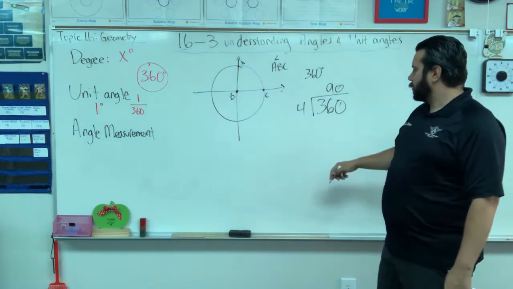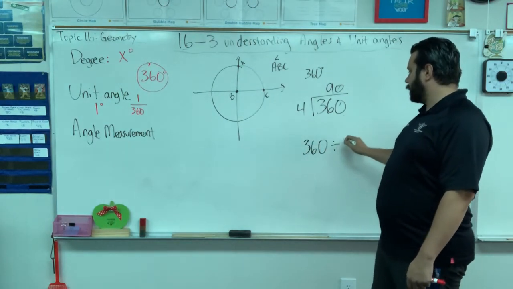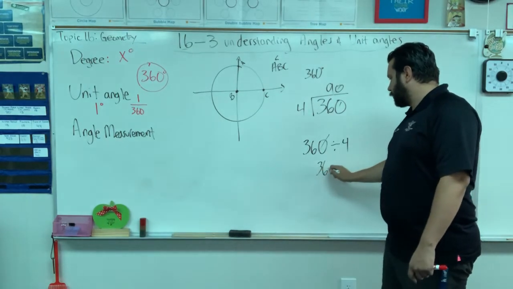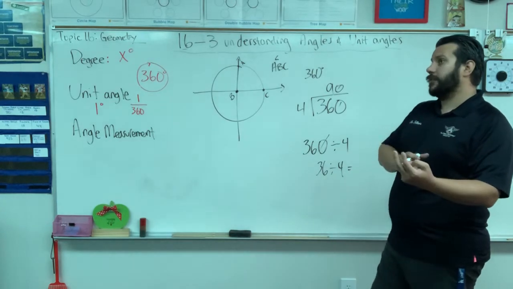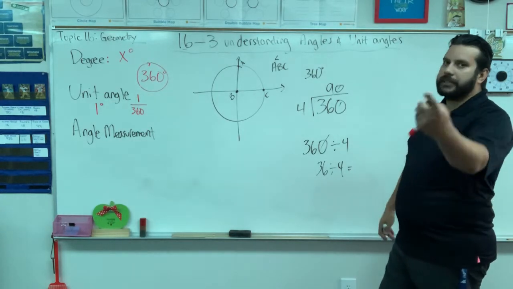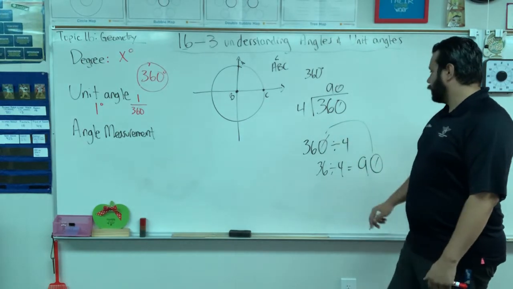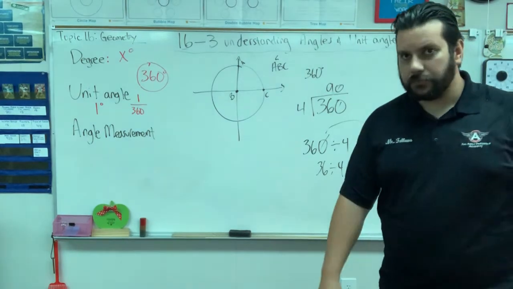What is it? If you're just looking at 360 divided by 4, you can drop the zero and get 36 divided by 4. What times 4 equals 36? That's right, 9. And then you put the zero back for 90. That's how you use your math facts.